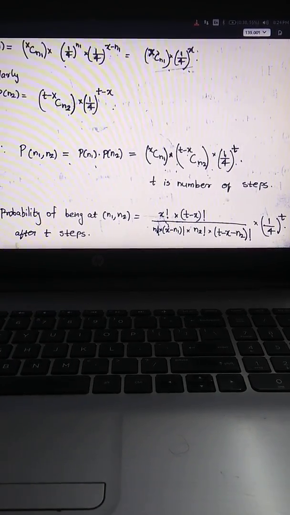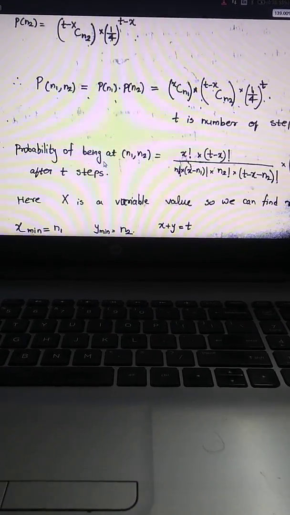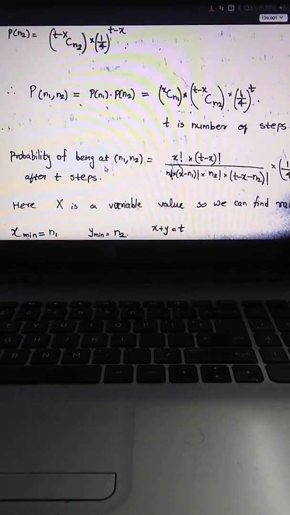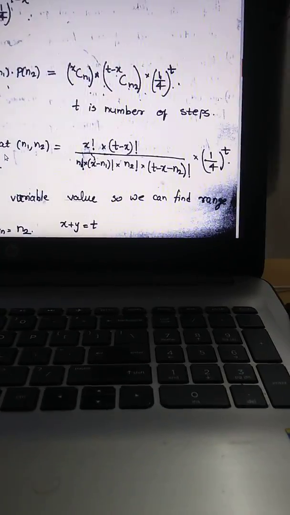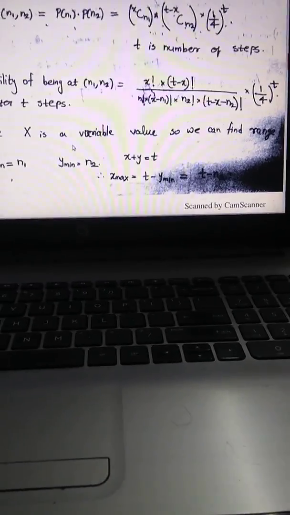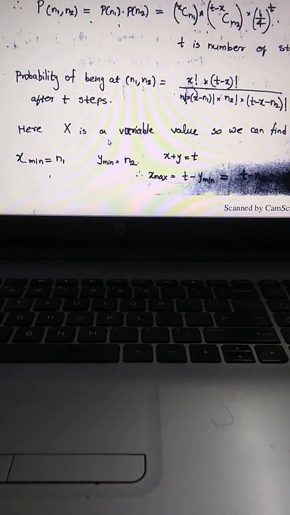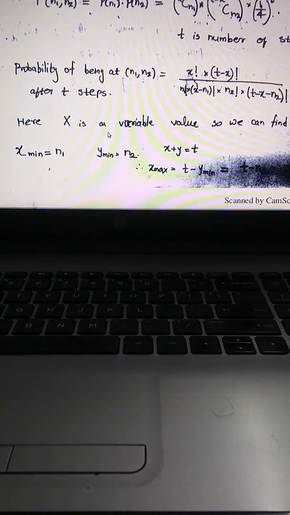Here we know that t is the total number of steps. So the probability of the rat and cat being at n1, n2 after t steps is equal to this expression. Here the problem is that x is a variable value, so we need to find the whole range. We take the limiting cases: when x is minimum it is n1, and when y is minimum it is n2.